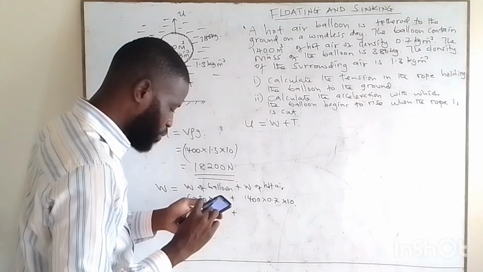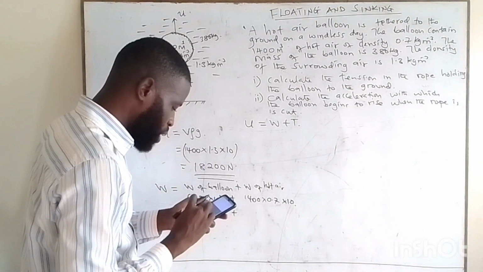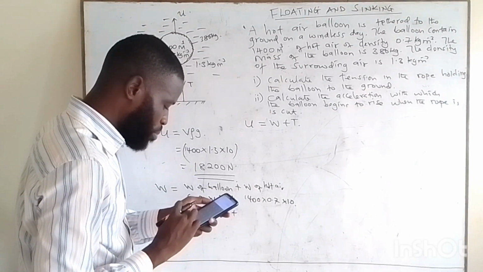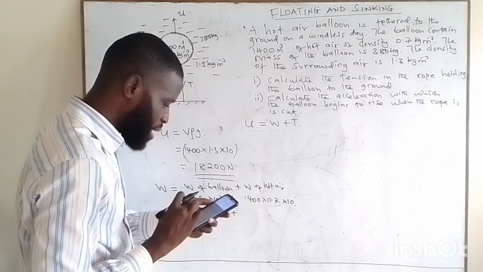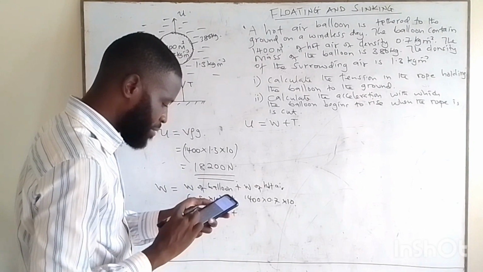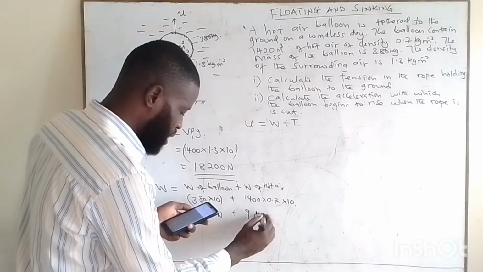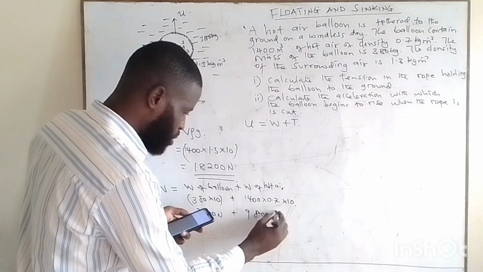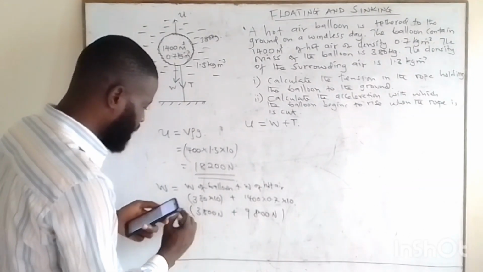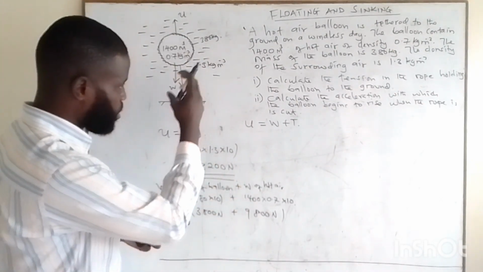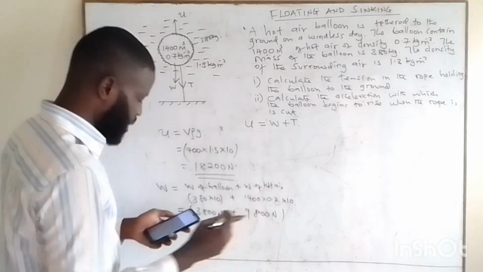We add to it 1400 times 0.7 times 10. I get 9,800 newtons. So when I add the two, I get the total weight of the balloon and its content.